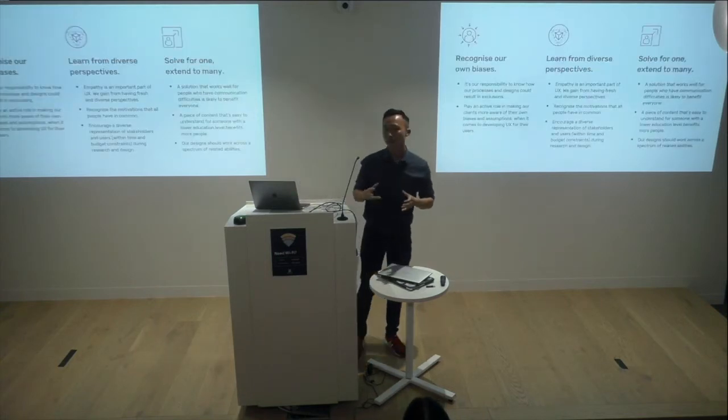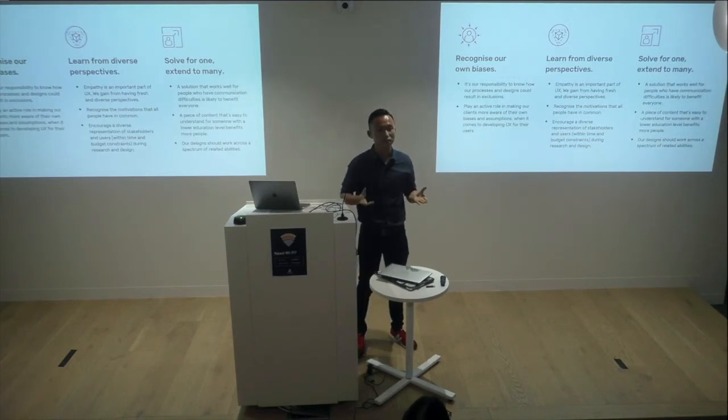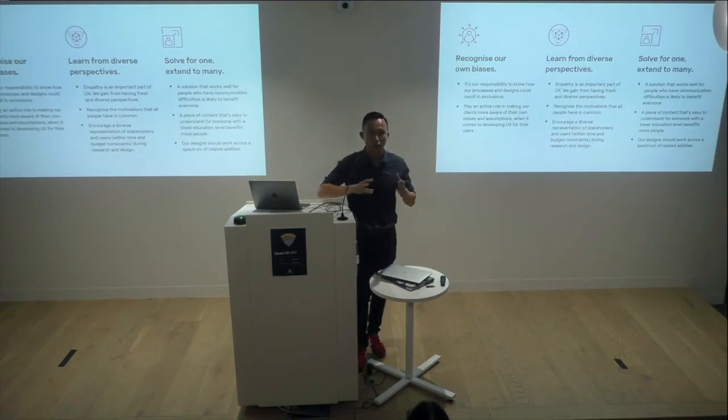So it's really important through inclusive design to be aware of three things that you can do. First is to be able to recognize your own biases. So everyone has their own biases and assumptions. And it's really important to know that as a designer, it's our responsibility to know how our processes and designs can result in exclusion. So especially when we work with clients, we are recommending them a process or a way to design.